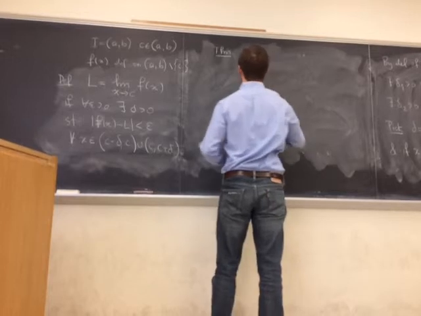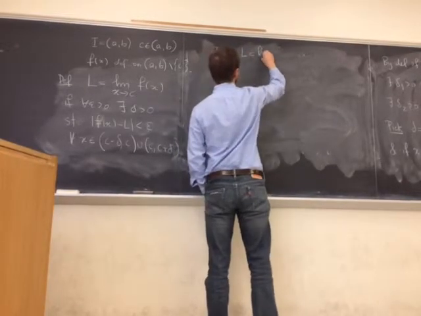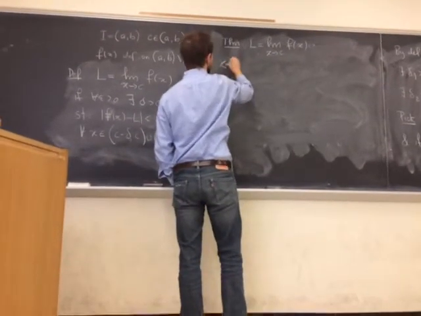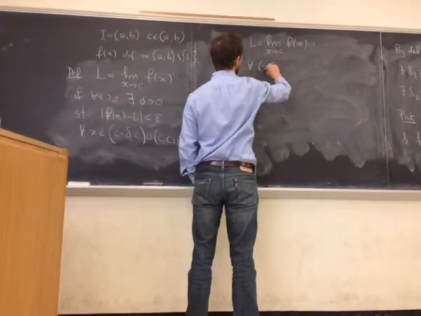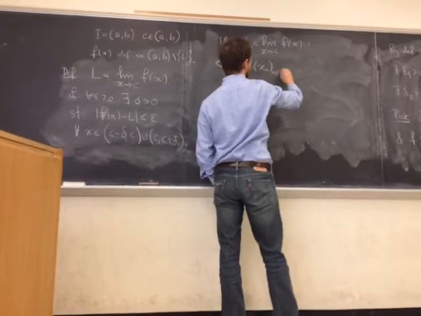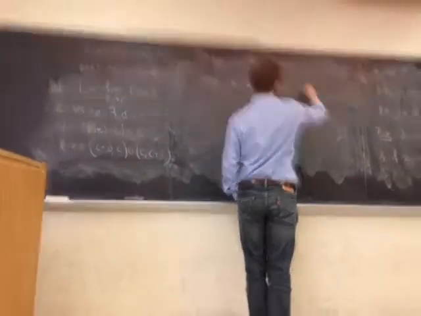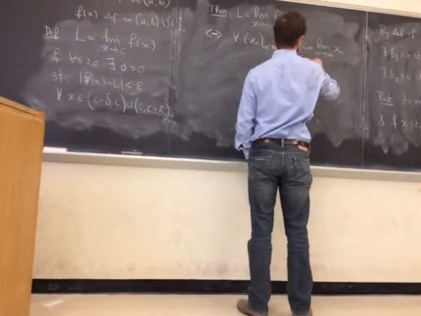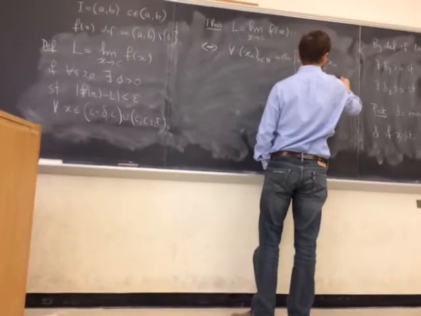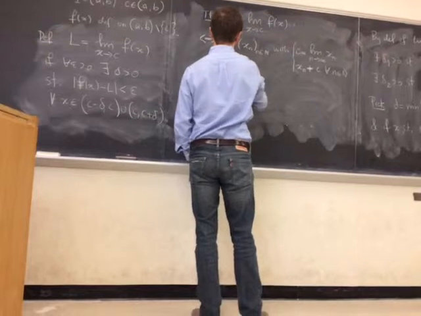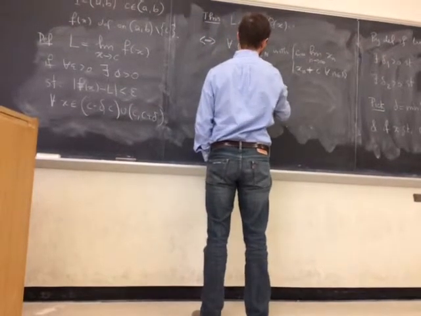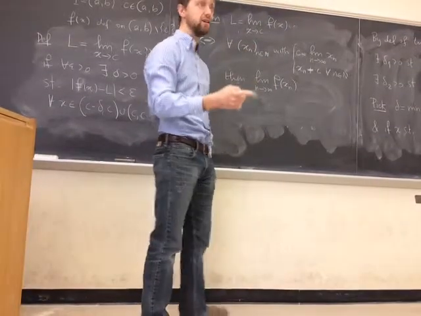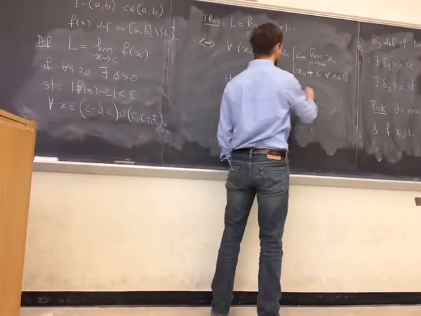So L is equal to the limit as x goes to c of f of x if and only if for every sequence xn, if c is equal to the limit as n goes to infinity of xn, and you also want xn to be different from c for every n, then the limit as n goes to infinity of the sequence obtained by computing the values of f at the points xn, which I can do because I took them all different from c, is equal to L.